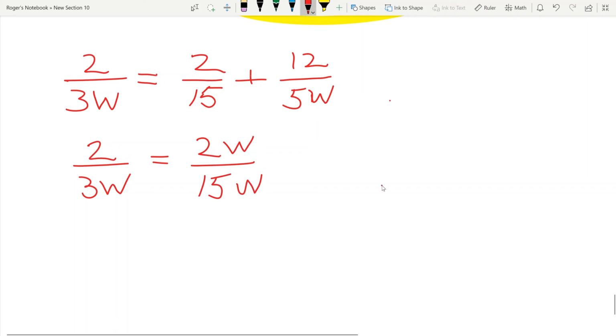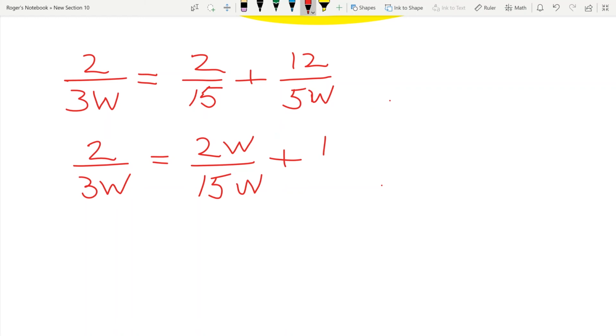Notice w over w. This is the number 1. So we're multiplying by the number 1. 2 over 15 times 1 will be represented as 2w over 15w. And then we are going to take the second term, and we're going to multiply by 3 over 3.